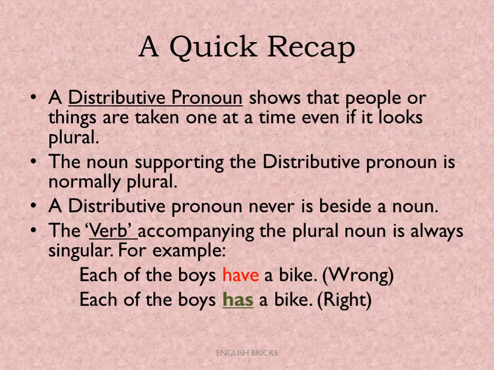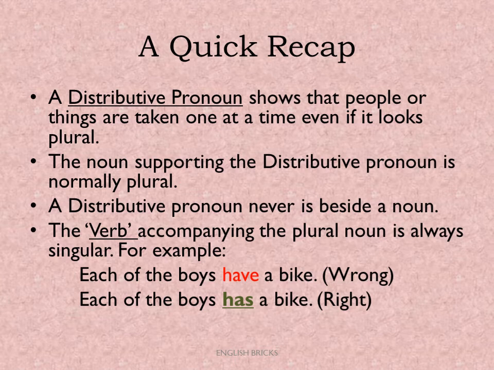A quick recap, please. A distributive pronoun shows that people or things are taken one at a time, even if it looks plural. The noun supporting the distributive pronoun is normally plural. A distributive pronoun never is beside a noun. The verb accompanying the plural noun is always singular.